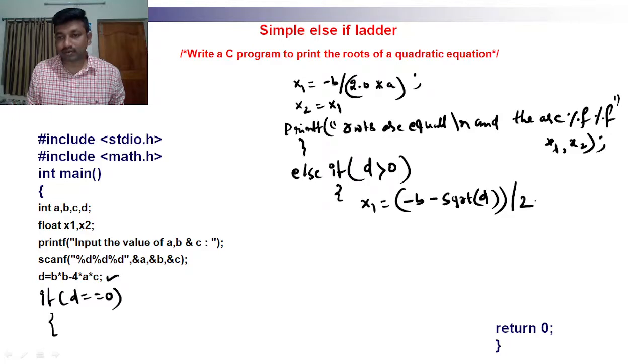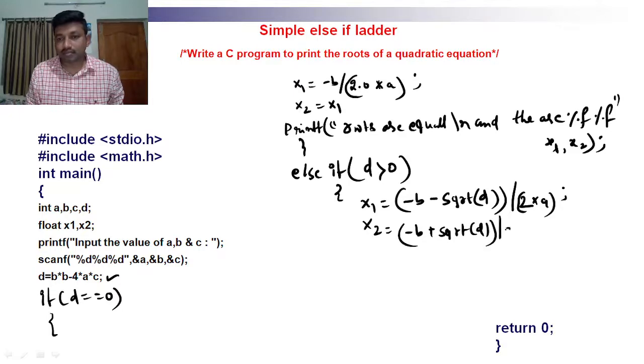The square root is a float, so you need not write 2.0. Square root will return the float value of the number being passed. So x2 is equal to minus b plus sqrt d, am I right, by 2 star a. Fine.